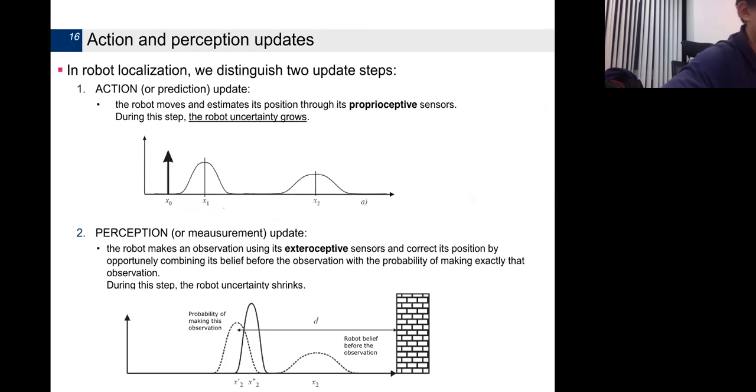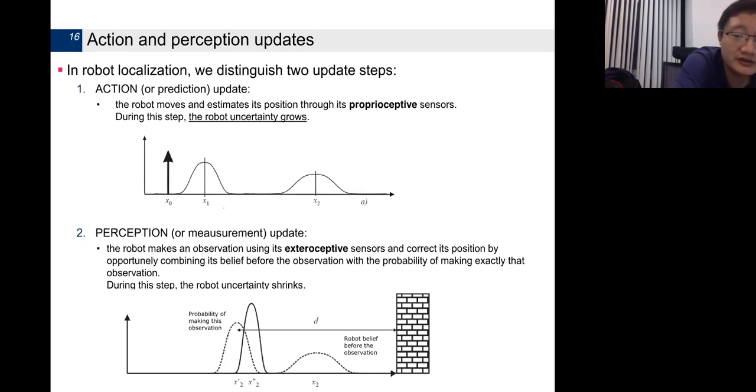Any questions? If not, we can go on with the two updates, right? We mentioned that there is an action update. Also, the other side of the story is the perception update.